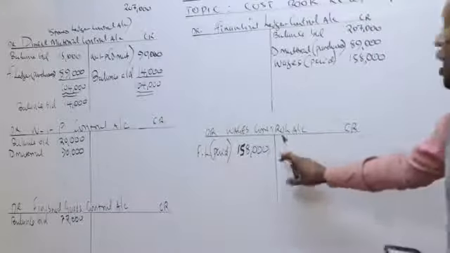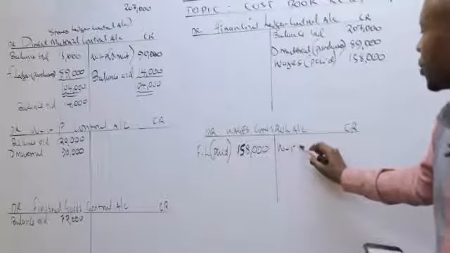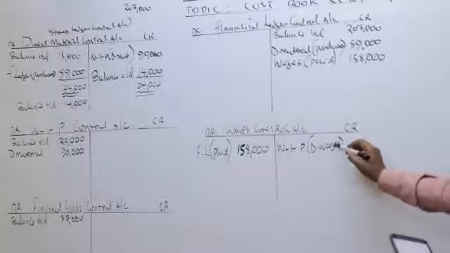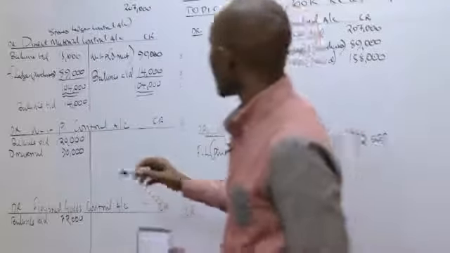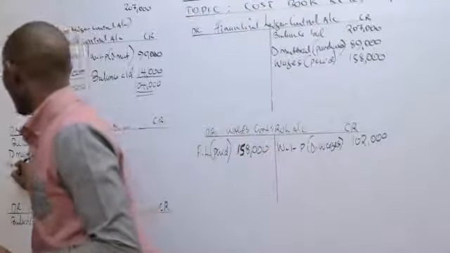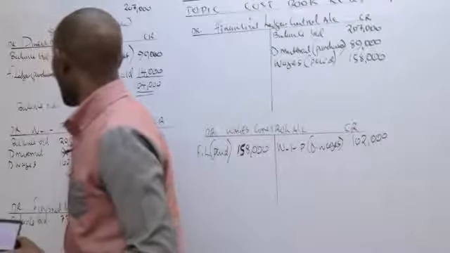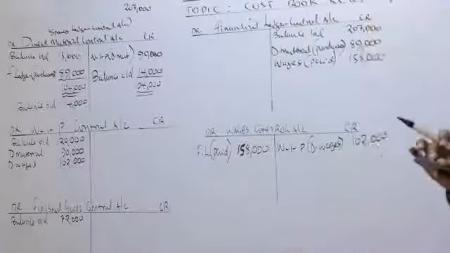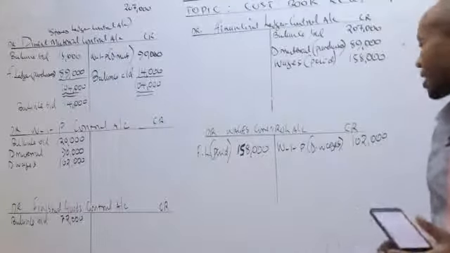So I want to start with the direct wages. Direct wages will go to work in progress. That is 102. So we come to this account and we say direct wages 102.